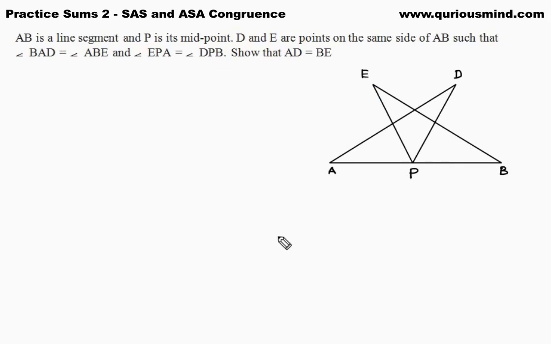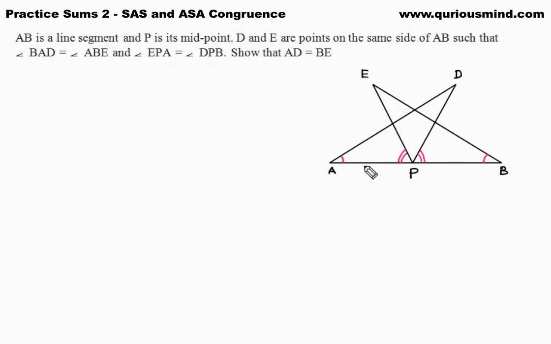So the given here are angle BAD, this angle, is equal to this angle ABE, and angle EPA, which is this angle, is equal to angle DPB. It is this angle. That is given, and we have to show that AD is equal to BE.